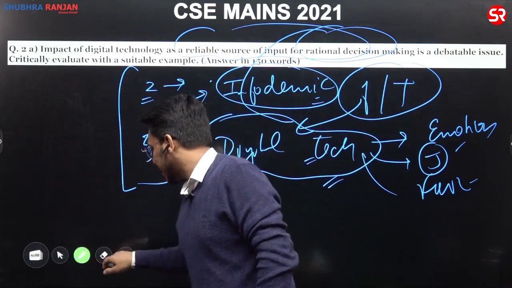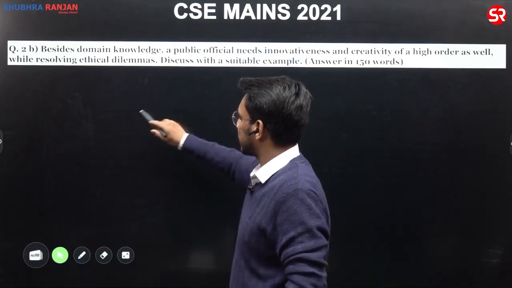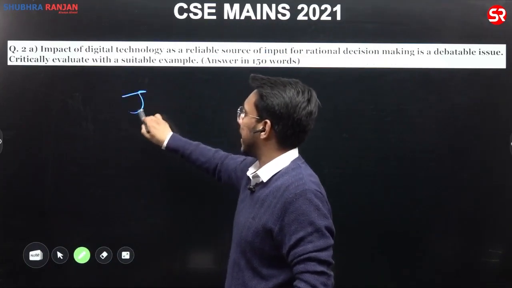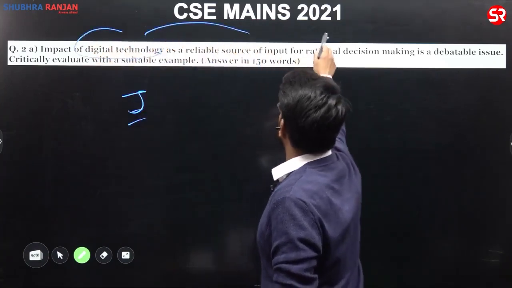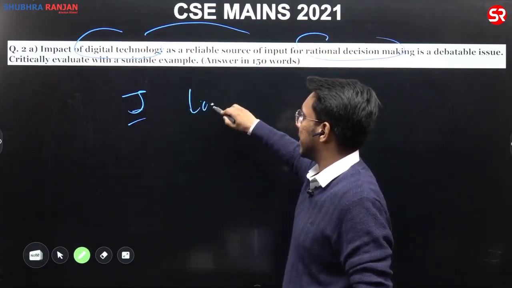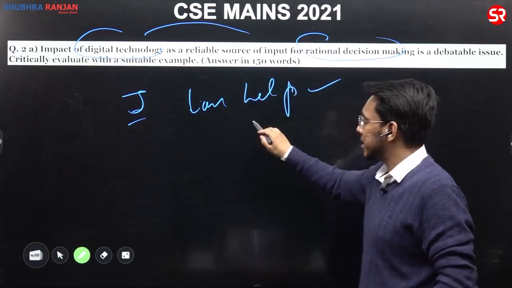Now, on the other hand, we will give the justification that sometimes digital technology can help in making rational decisions. Now, here justifications can be given.